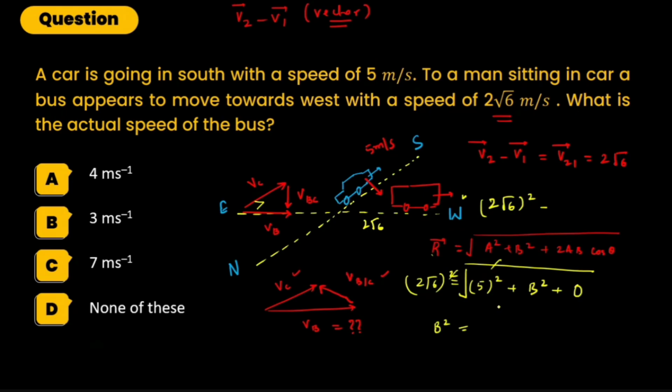It is going to be 2 root 6 minus 5 square. This is how it is going to be solved. So ultimately we'll get B approximately 3 meters per second. Sorry, not 9, 3 meters per second. Or to be precise, B square is going to be 39.